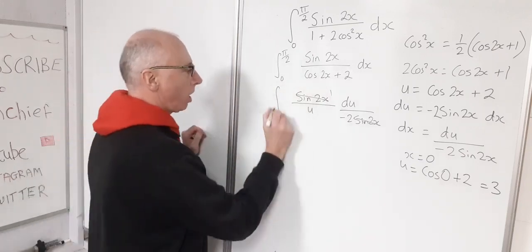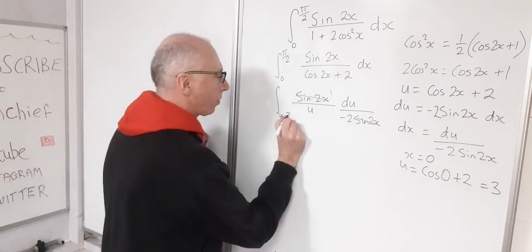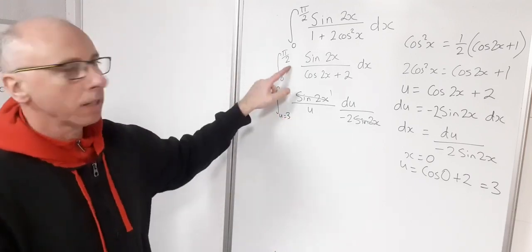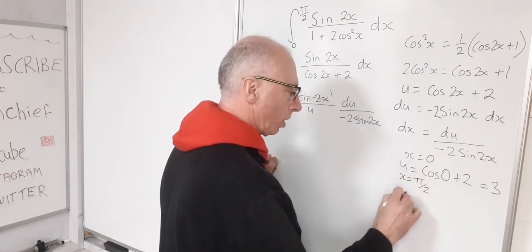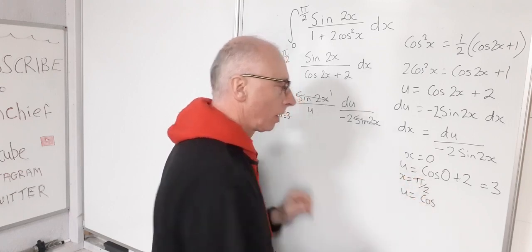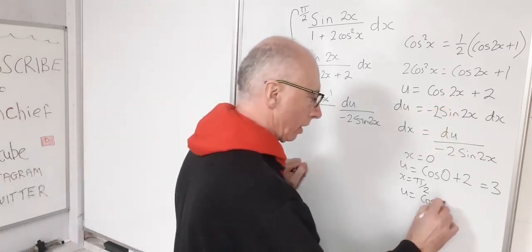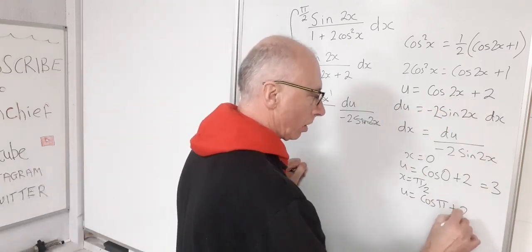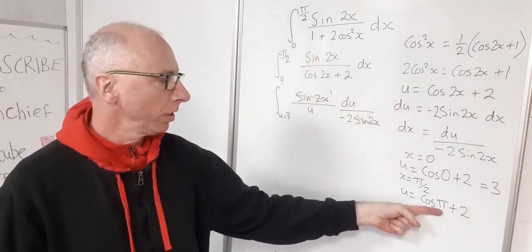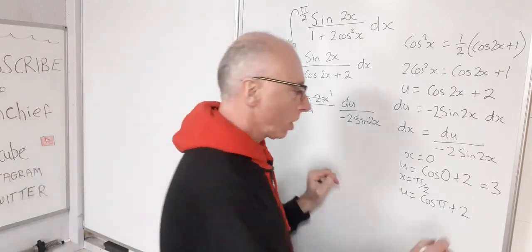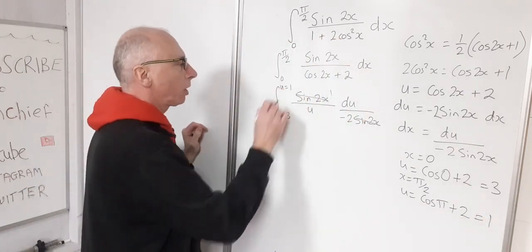So for our lower bound on our integral, we've got u equals 3. Now what about when x is pi over 2? So if x equals pi over 2, u equals cosine 2 times pi over 2, which is just pi, and then add 2. Now cosine of pi we know is minus 1. Minus 1 plus 2 just gives me 1. So for our upper bound, we've got u equals 1.